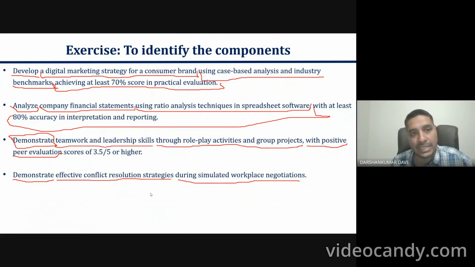So the last one is an example where not all the 4 parts are there. The 4th part, the criteria for success, is not included. Still, it is an ideal way of writing an outcome statement. 2 things are very much necessary: the action verb as well as the subject. The other 2 can be avoided or may not be included. That is fine.